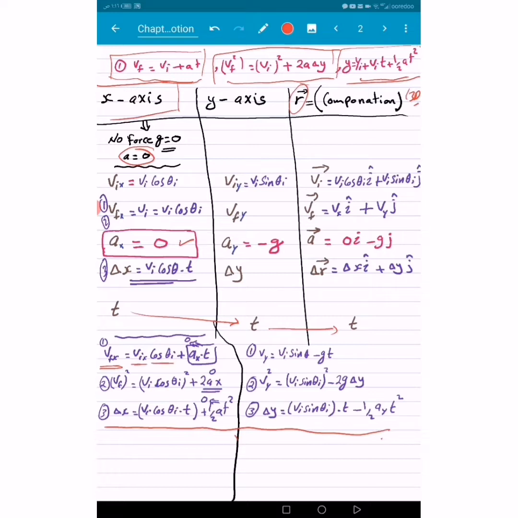So from equation 1 we know V initial x is equal to V initial cosine theta. Just replace V initial here with cosine theta.